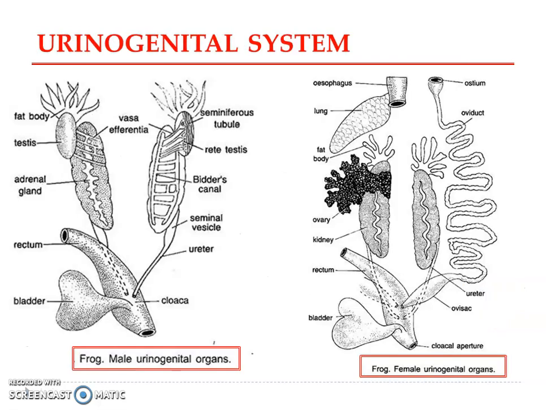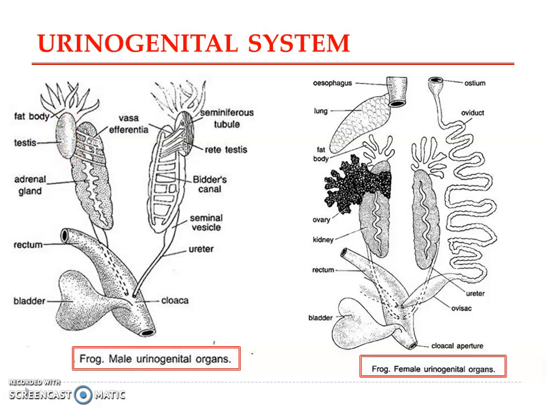Now if we see the reproductive system, the male reproductive system is composed of a pair of testes. This is a kidney, and you can see this is the testis attached to it.